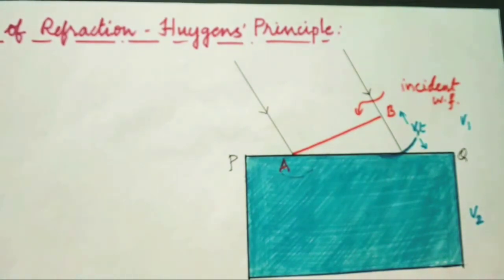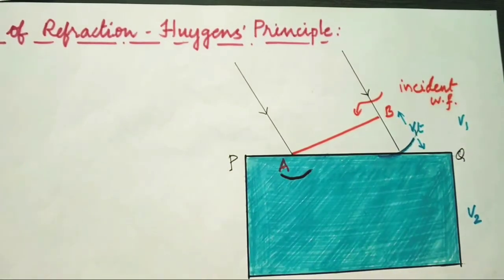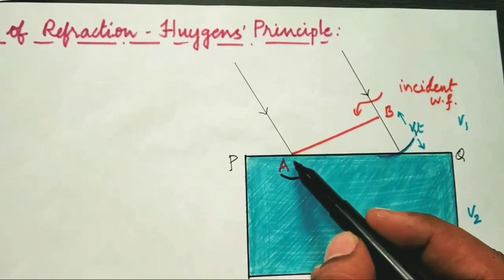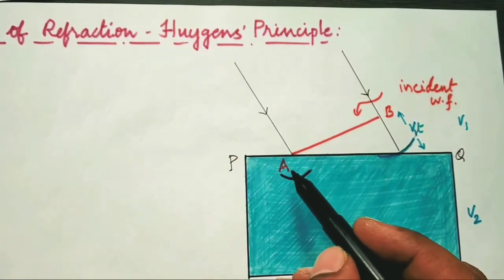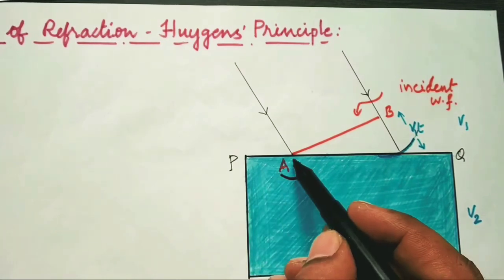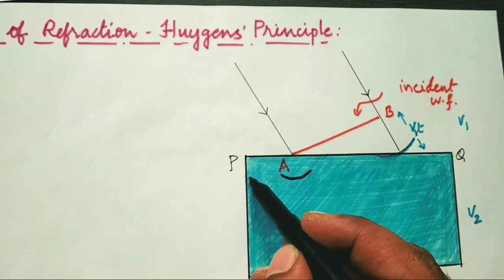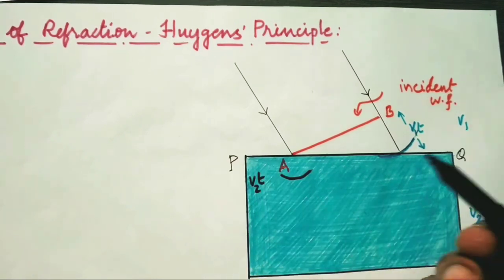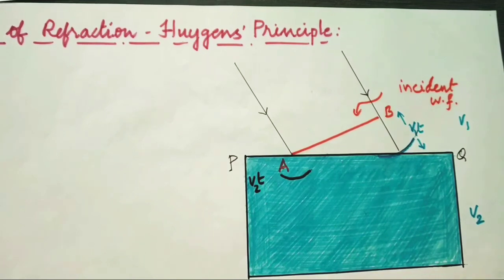All these secondary wavelets, from A to B, are joined by a tangent, and we get a secondary wave. The distance traveled by this wave into the medium is the speed of light in the medium v2 times the time t. So v2t is the distance traveled into the medium from the interface.